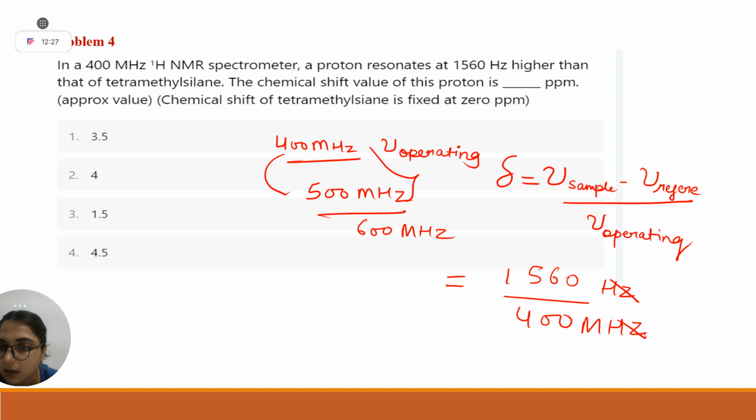Hertz cancel, 1 by mega, ppm, right? So this is 3.9, which is approximately 4. Okay, so the correct answer is 4.